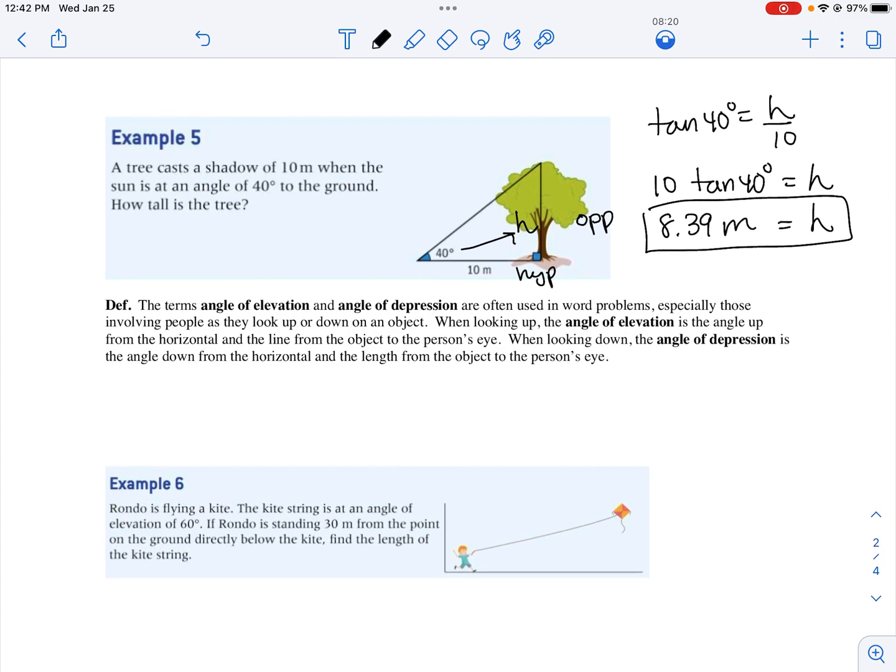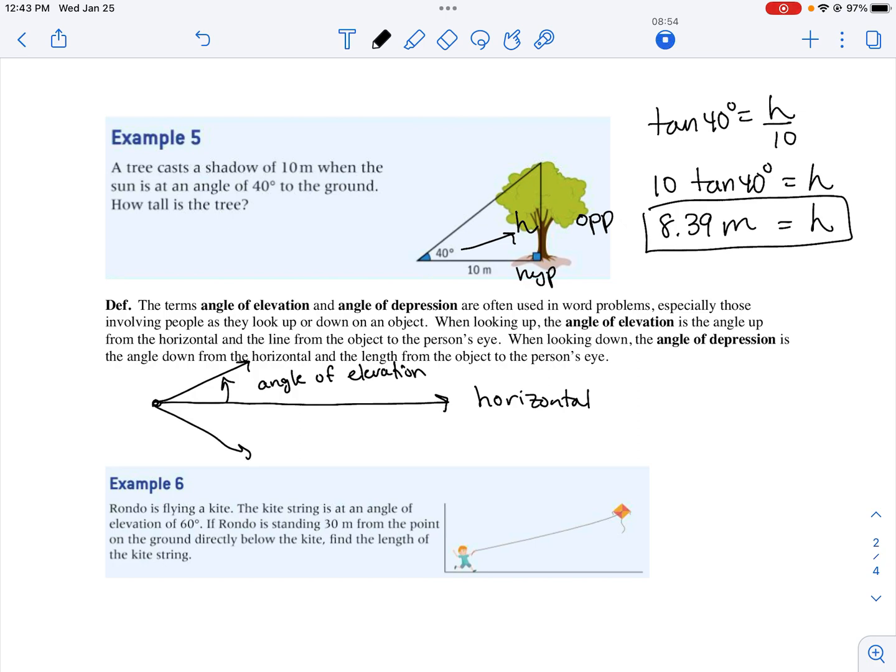All right, let's define an angle of elevation and an angle of depression. The big idea here is that you're always coming from a horizontal line. In order to determine an angle of elevation or an angle of depression, you are always looking from a horizontal line. When you look up from that horizontal line, it's an angle of elevation.